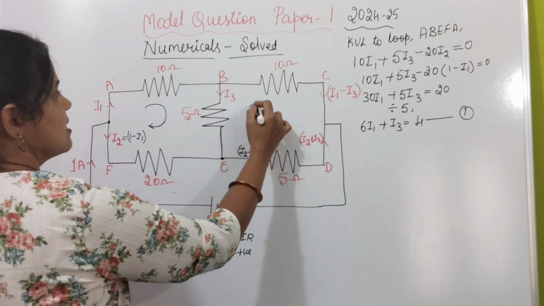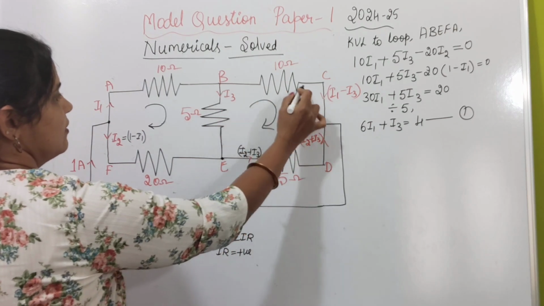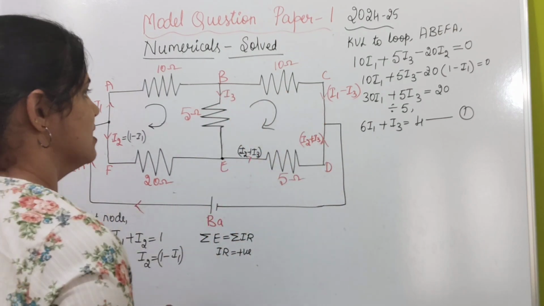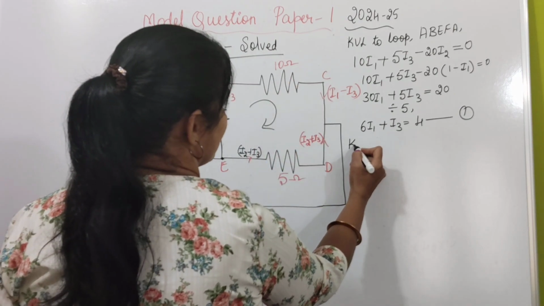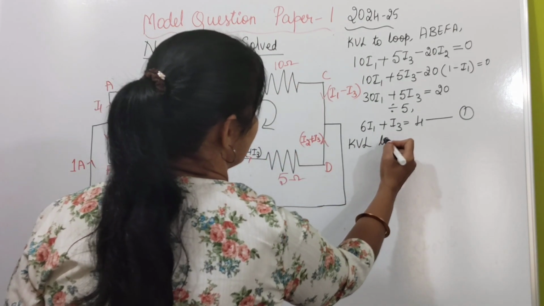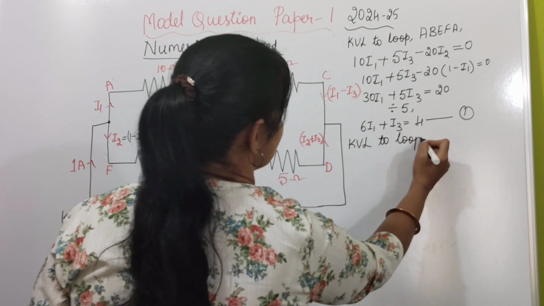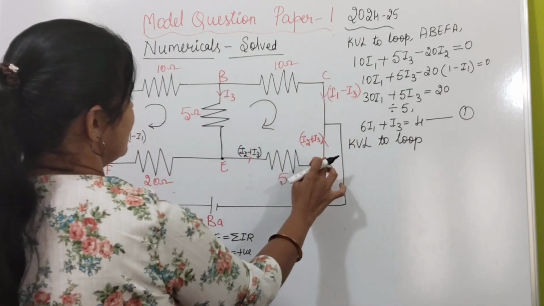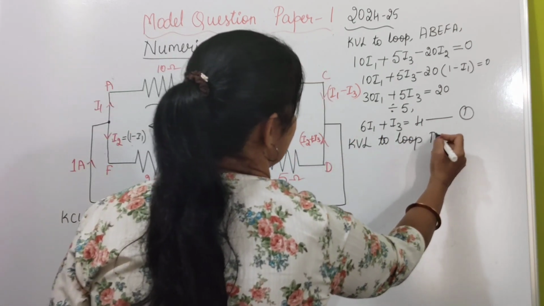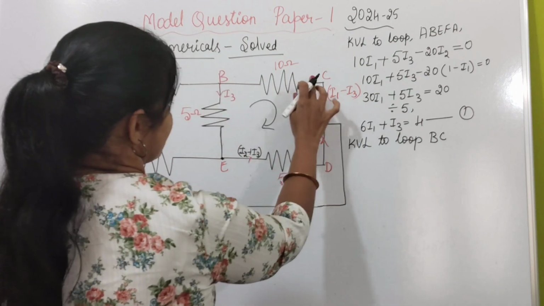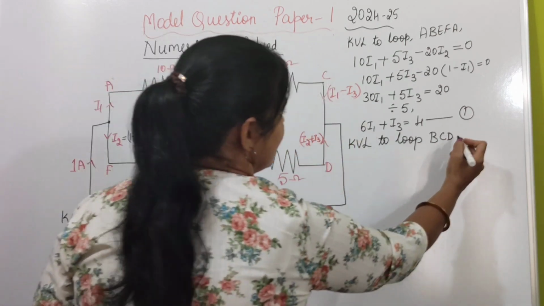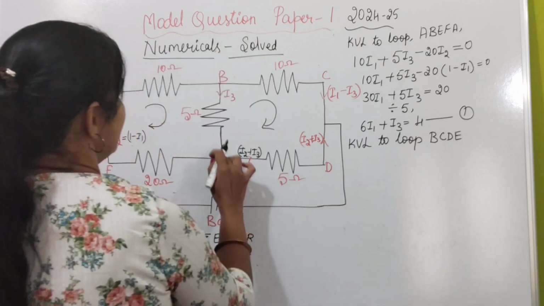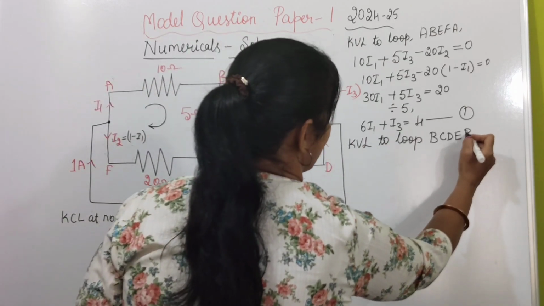Similarly, let us consider the second loop, and I'll traverse the network in clockwise direction. Let us apply KVL to the mesh B, C, D, E, B. B to C is the first branch, C to D the second branch, D to E the third branch, and again E to B the fourth branch.